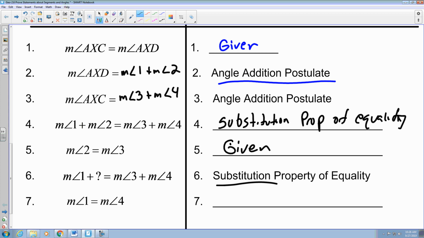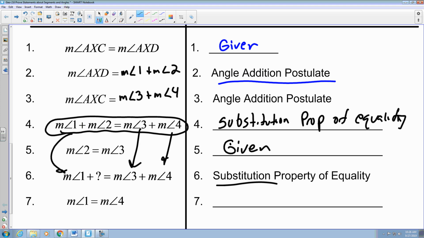So what we're going to do is look at this statement here and say, okay, this didn't change, this didn't change, and this didn't change, but the one that's going to change is this one right here, and it comes from this statement right here.